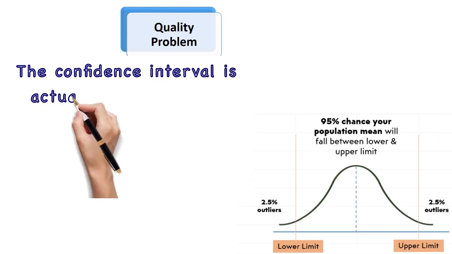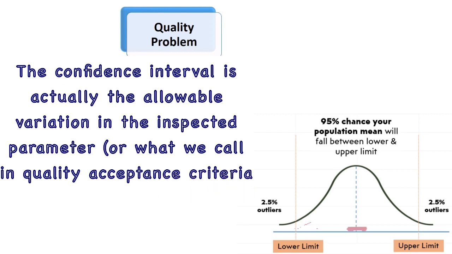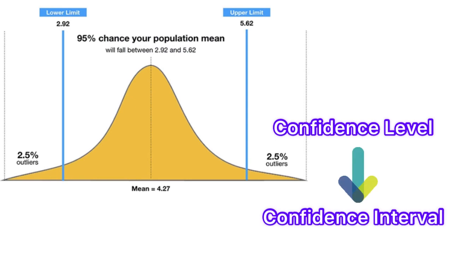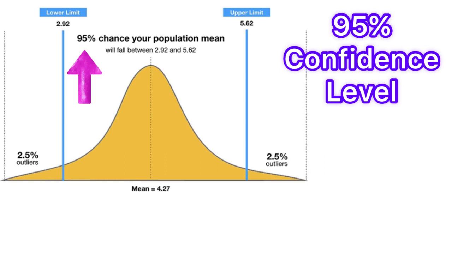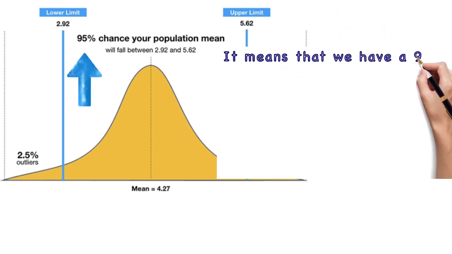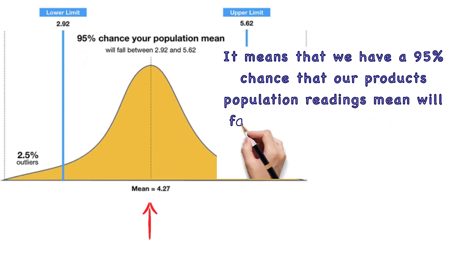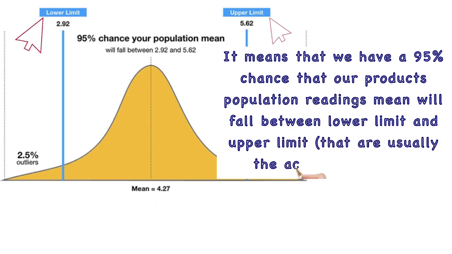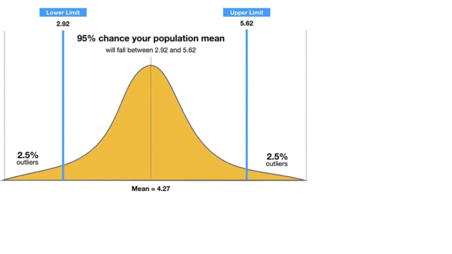While the confidence interval is actually the allowable variation in the inspected parameter, or what we call in quality acceptance criteria range. And to link the confidence level with the confidence interval, we can say simply that when we have a 95% confidence level, it means that we have a 95% chance that our product's population readings mean, the mathematical mean of our readings, will fall between the lower limit and the upper limit that are usually the acceptance range defined by the standard or the allowable margin of error from the nominal target value.